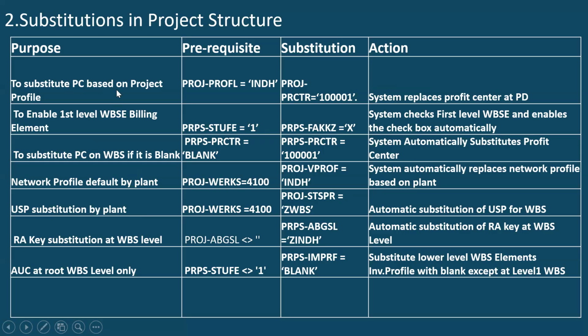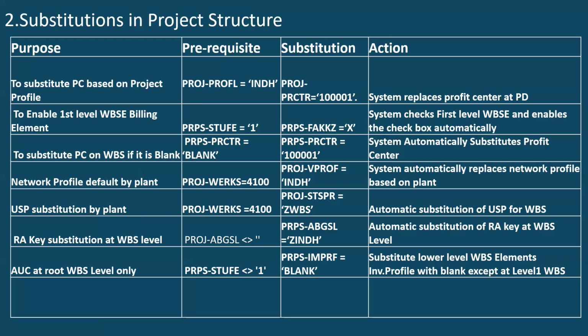To substitute a profit center based on the project profile, the prerequisite is my project profile, and I need to substitute this value. So what is the action? The system replaces the profit center at project definition level. That means this substitution is valid at the project definition level because the table I am referring to is PROJ or PROFL, that is profile, and I am replacing the profit center at the project definition level.